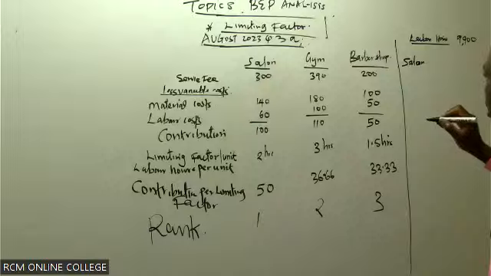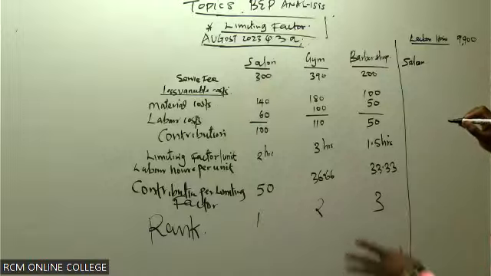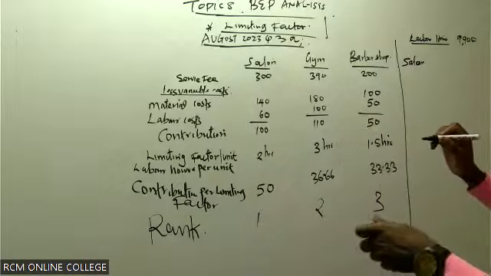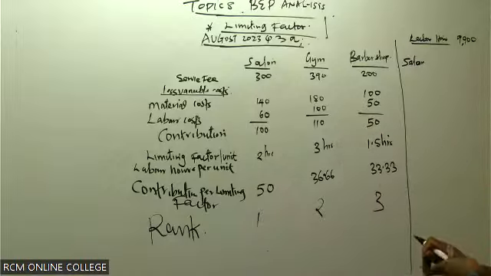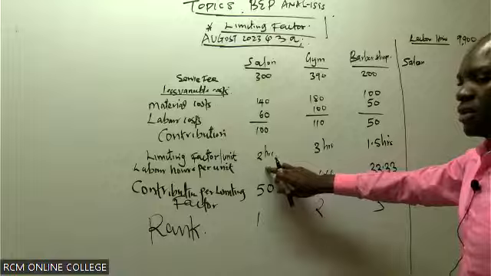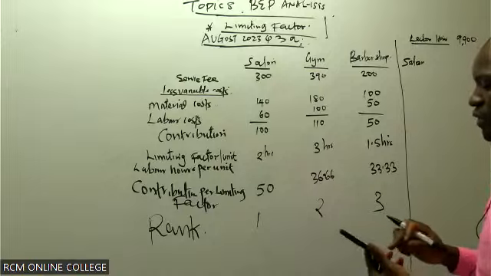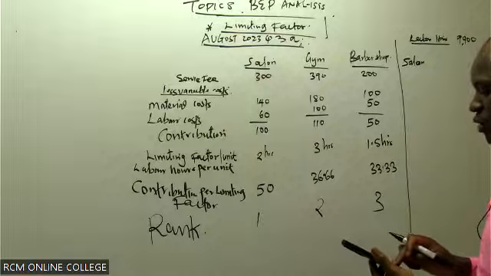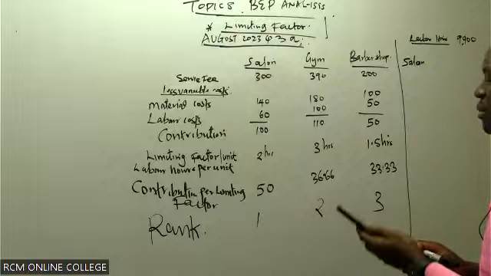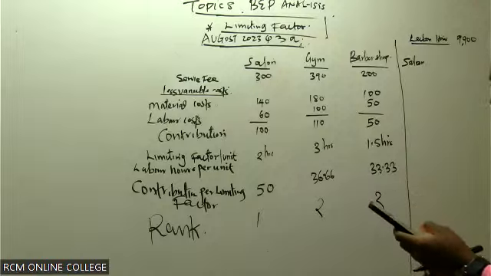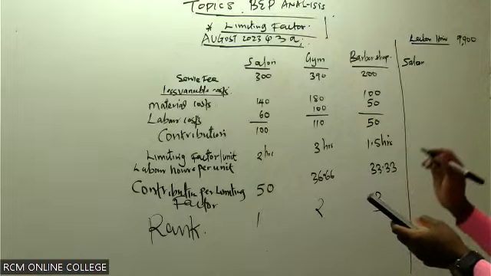In the salon, we need 2 hours to serve 1 client. Now, within that department, what is the maximum number of clients in the salon? 3,000.